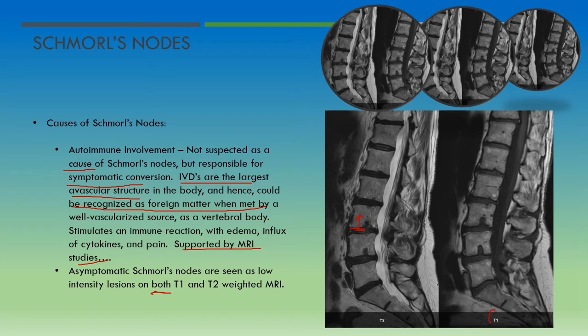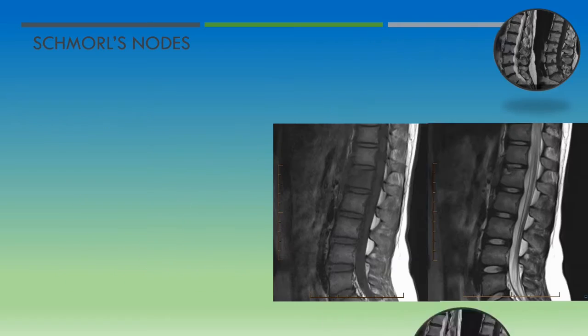So here's a T1 image, here's a T2 image, and notice that these Schmorl's nodes here both appear as dark, low-intensity lesions compared to this white, high-intensity signal from the cerebrospinal fluid here. These appear as low-intensity dark lesions on both T1 and T2 weighted MRI.